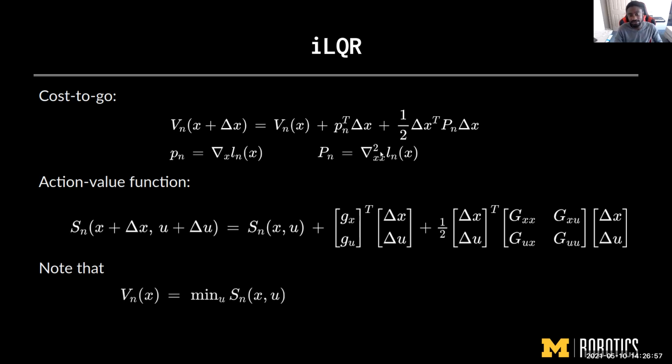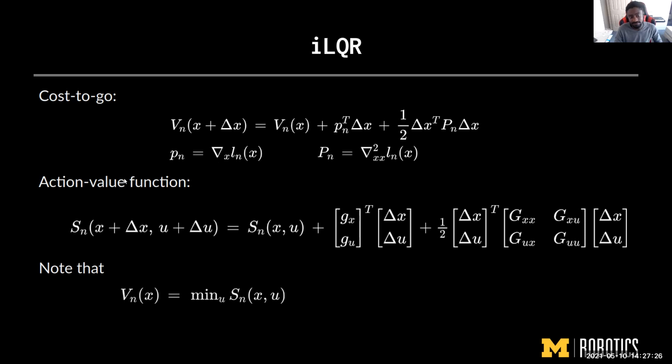In the pseudocode for the algorithm I described earlier, this is what the small p and the big P represent. The small p is usually a Jacobian, which is the first derivative matrix, and the big P is a Hessian because it's the second derivative matrix. So that's the cost to go.